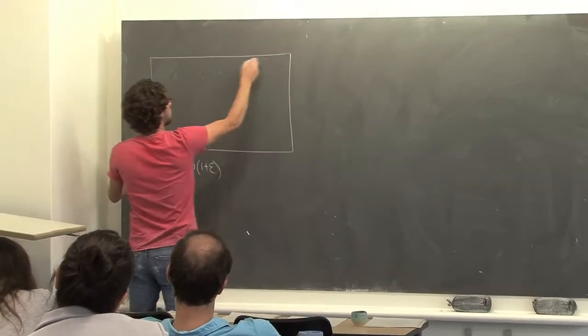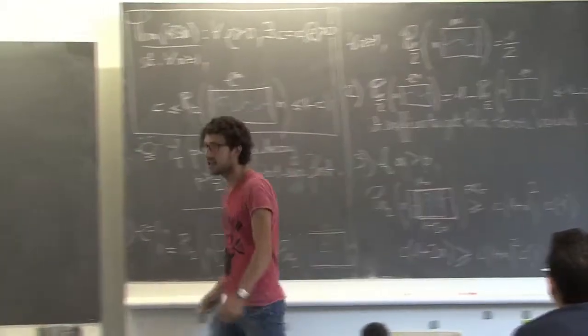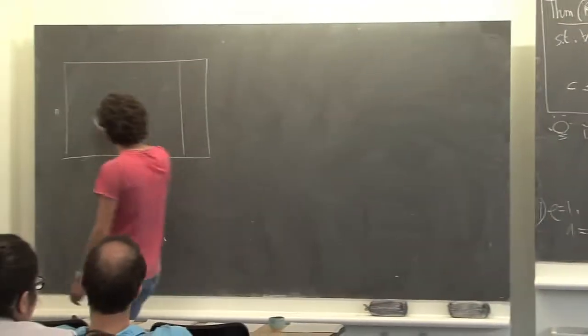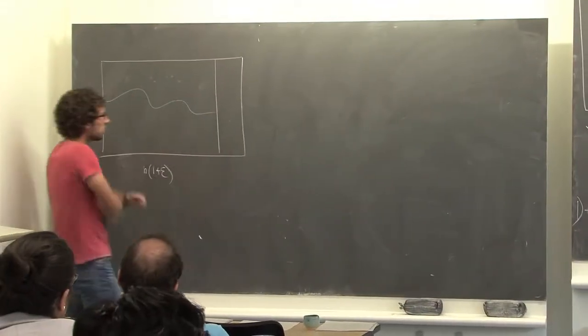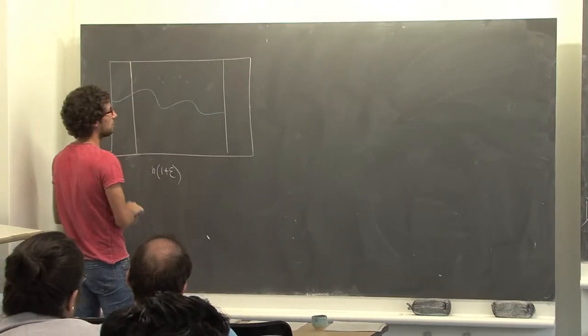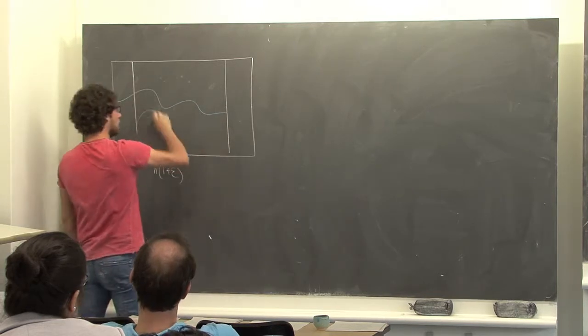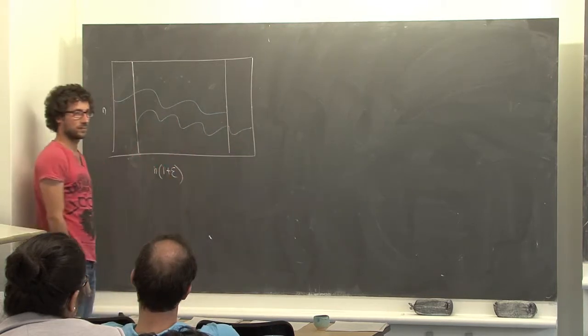So you take a box of size n times n, and you say, well, this I know that with probability of half, I cross this guy. Good. Okay, I want it to go a little bit farther. So let's take a box of size n like that, a square like that. Let's say this is connected to there.